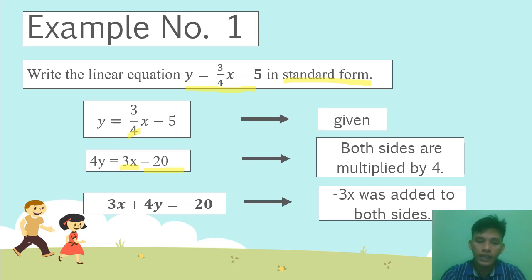That's why the 3x will be cancelled out, remaining negative 20. Or simply, 3x will be transposed to the other side. From positive 3x, it will turn to negative 3x. That's why negative 3x plus 4y equals negative 20.